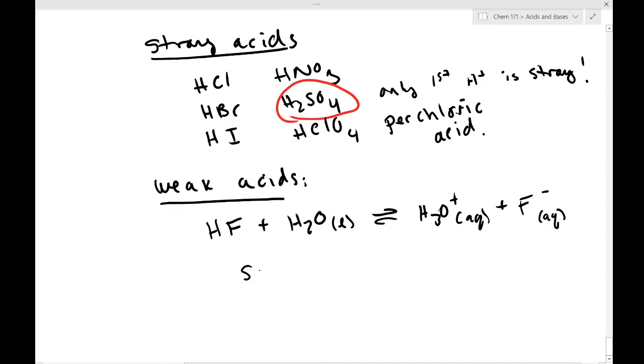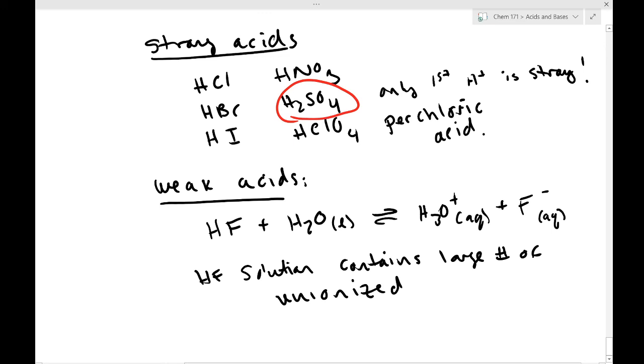So a solution of HF contains a large number of unionized HF molecules. So these are molecules that are floating around exactly as bonded hydrogen to fluorine in solution.